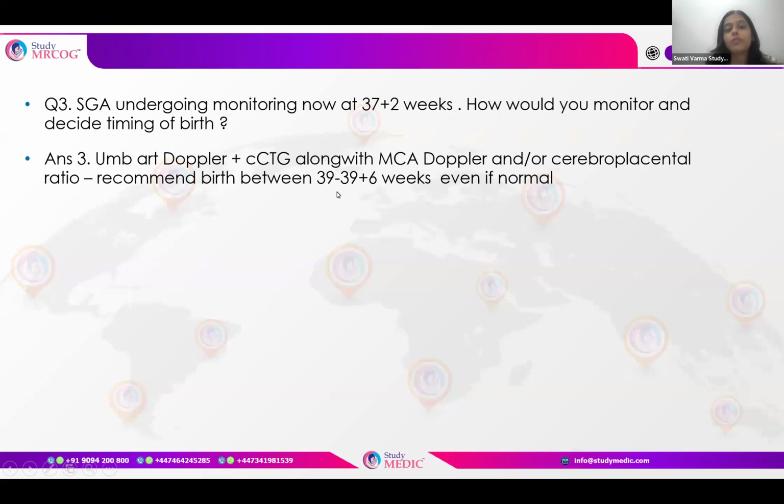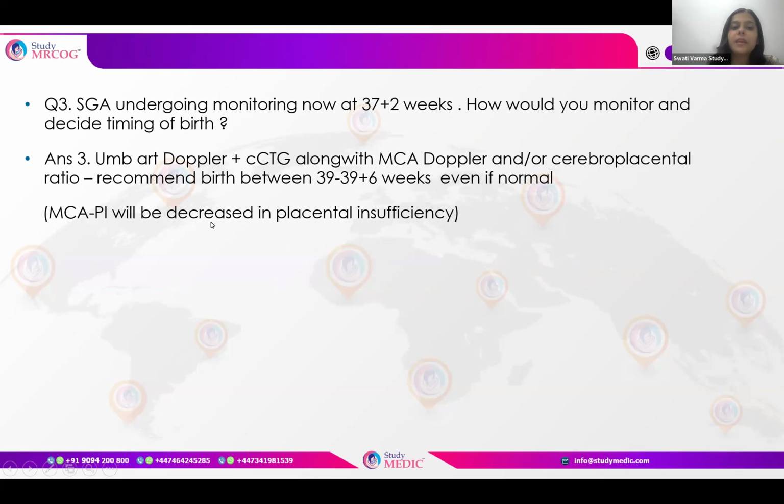And at any cost, you have to deliver her between 39 and 39 plus 6 weeks, even if MCA and everything is going normal. Some of you might wonder what abnormality in MCA Doppler would be called abnormal. MCA PI will be decreased in placental insufficiency.